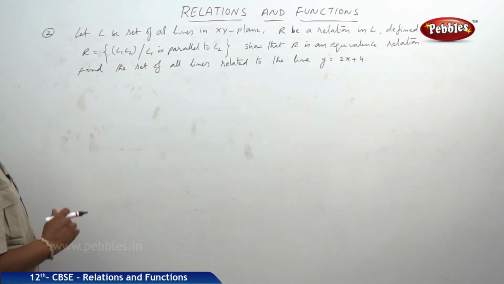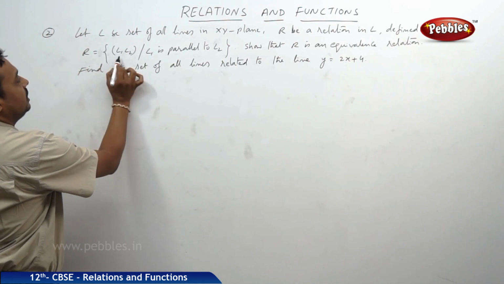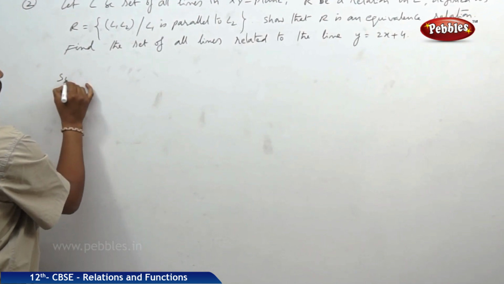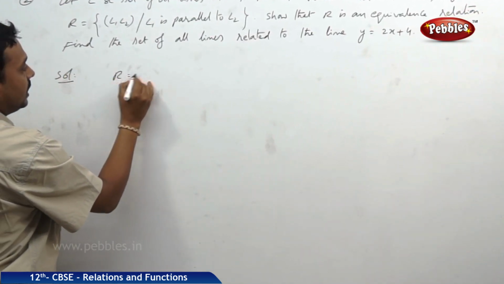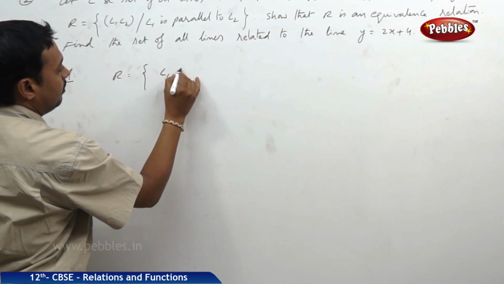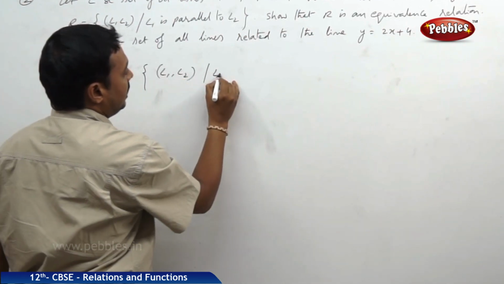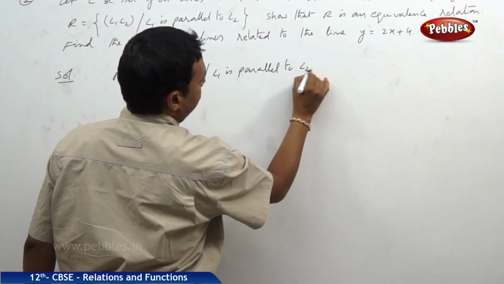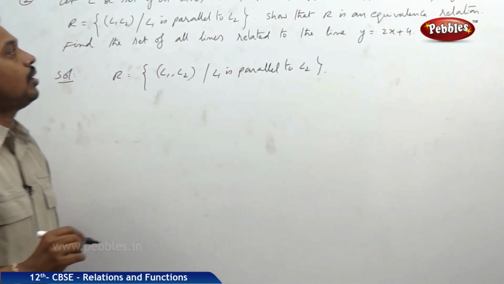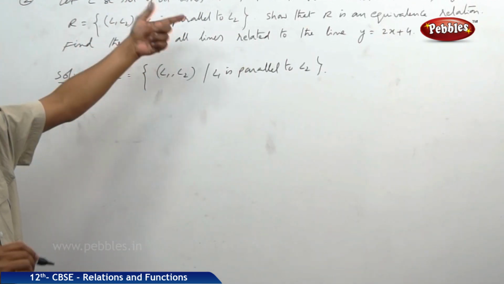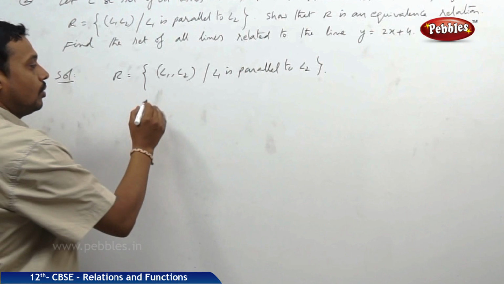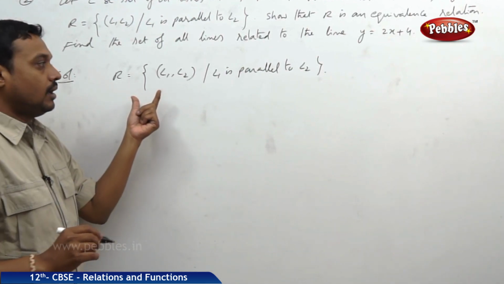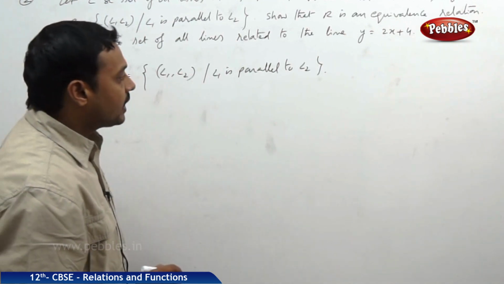Okay. Now see, the relation R is: L1 is parallel to L2. Given that the relation R is equal to {(L1, L2) such that L1 is parallel to L2}, where L1, L2 are two lines in the set of lines L. Now, first of all, we have to check whether this is a reflexive relation.